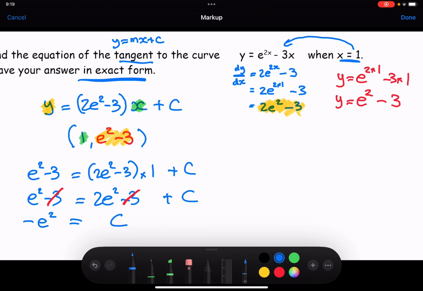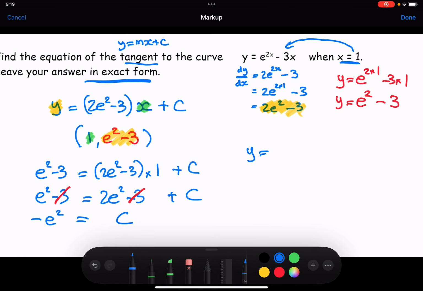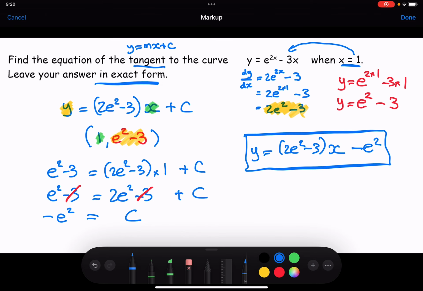And so that is my c value. And therefore, the equation of my tangent is y equals the m, the 2e squared minus 3x, plus the c, which is minus e squared. And that's the equation of the tangent in its exact form, where x is equal to 1.